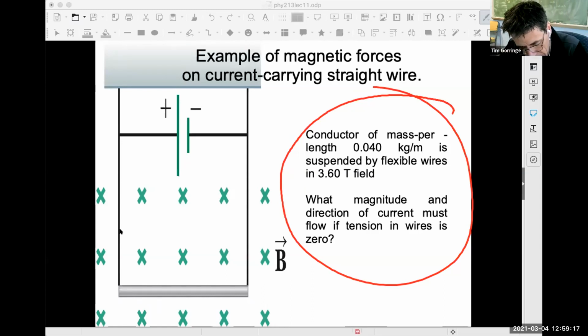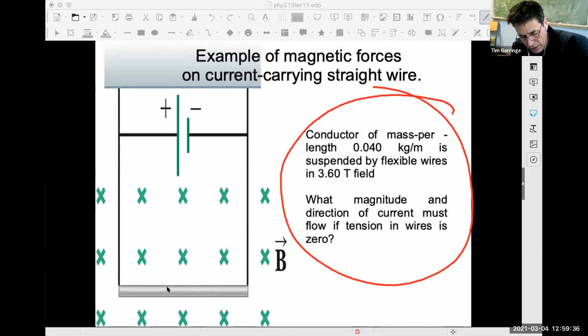So at either end here, on the left, there's a conducting wire. Over here on the right, there's a conducting wire. And we got to answer the question, what is the magnitude and the direction of the current that must flow in this conductor downstairs here?